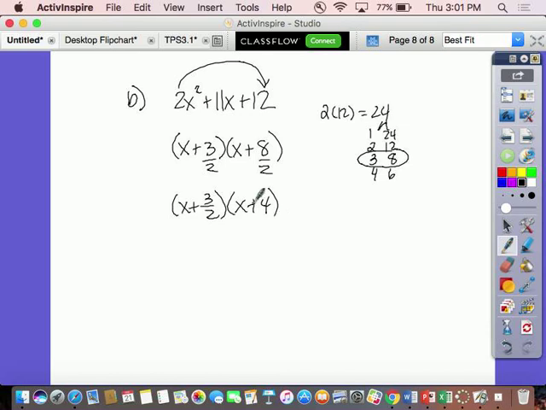And the last thing we do is bring that 2 to the front. Can I check to make sure this is right? I could FOIL it out to check. No, it's just x plus 4, because 8 divided by 2 is 4.